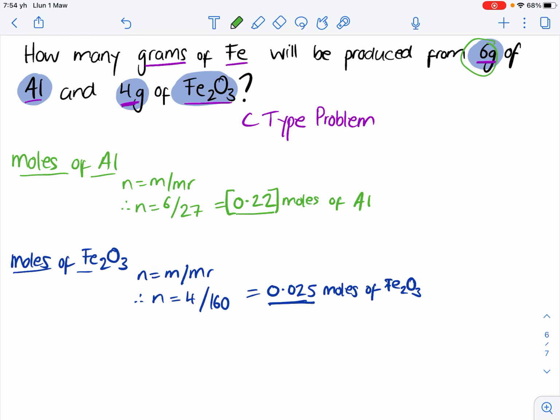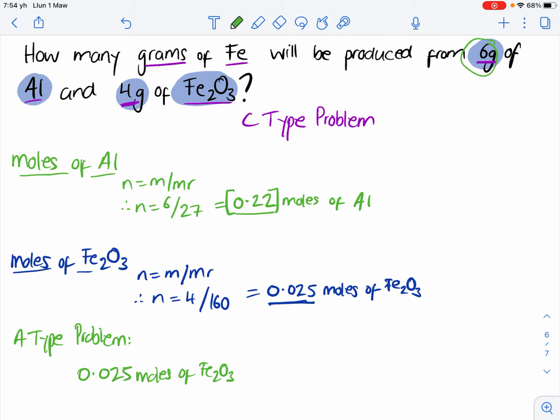In other words, and we've done this before, this is kind of an A-type problem here. If you know the moles of iron oxide and you have a balanced chemical equation, you should be able to convert that number of moles into the moles of anything else.